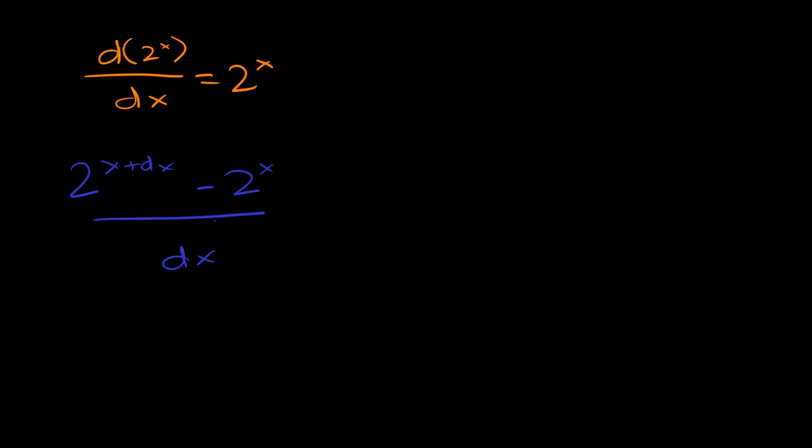And we can use the distributive property and factor out the 2 to the power x, because that's how exponents work. We get 2 to the power x times (2 to the power dx minus 1) over dx.